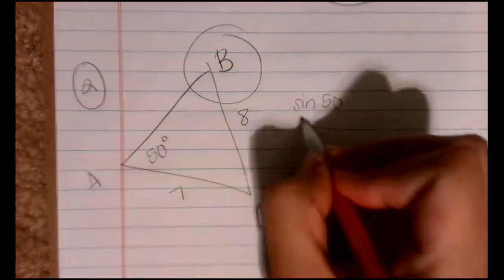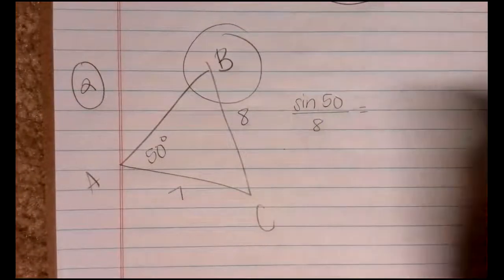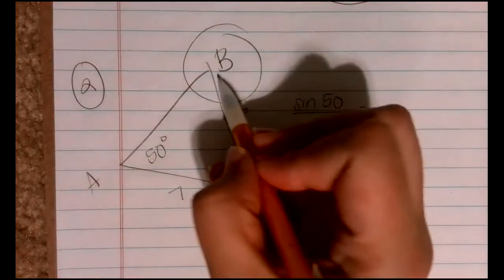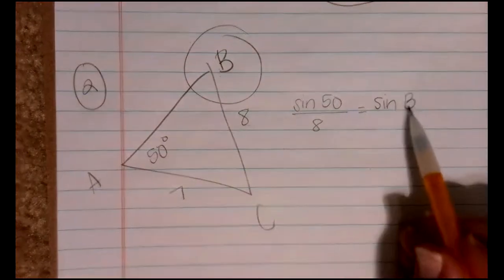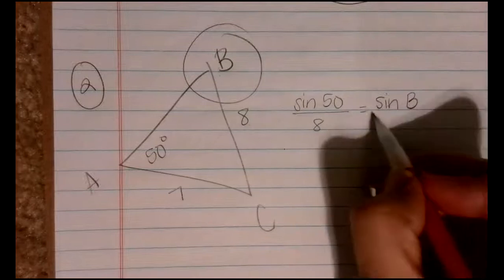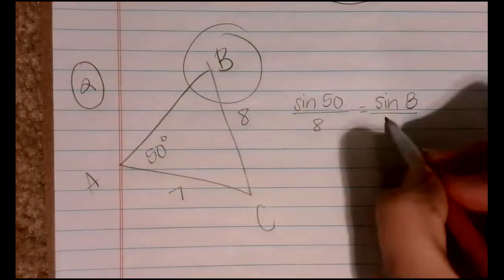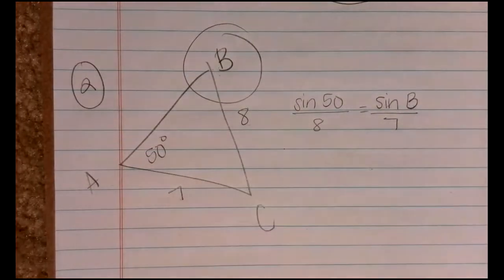Sine of A over A. I don't know capital B. So I'm leaving this as sine B because I don't know what capital B is. But I know that side B, or lowercase b, is 7.